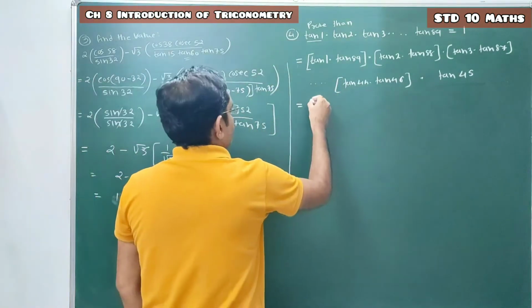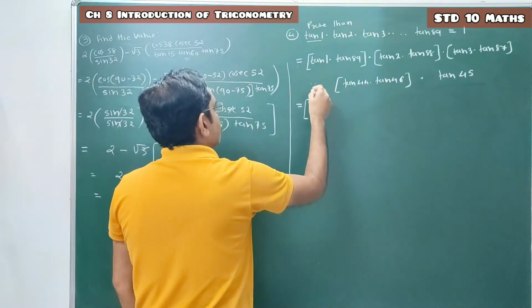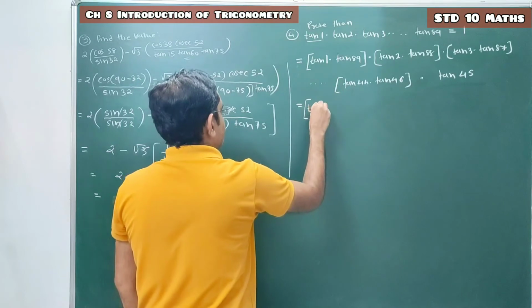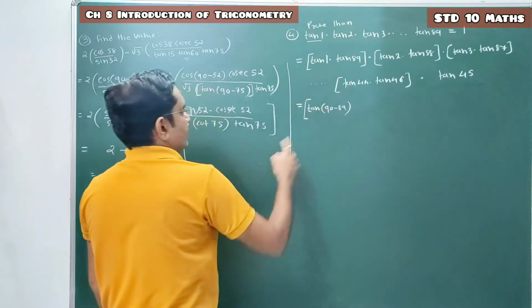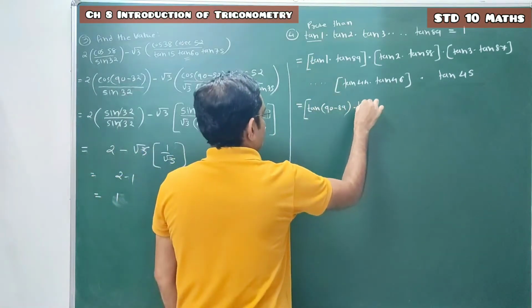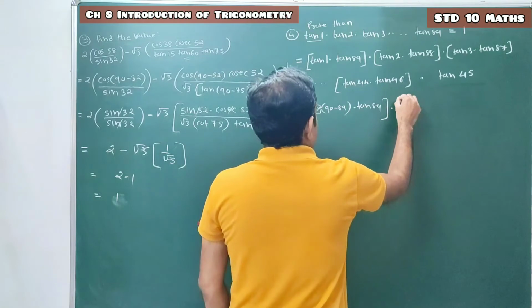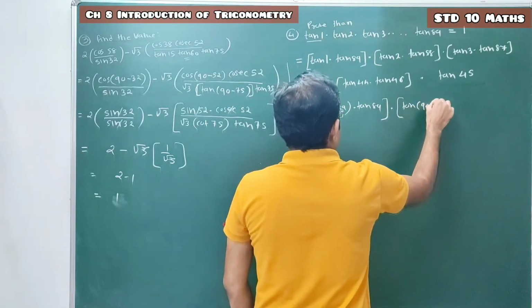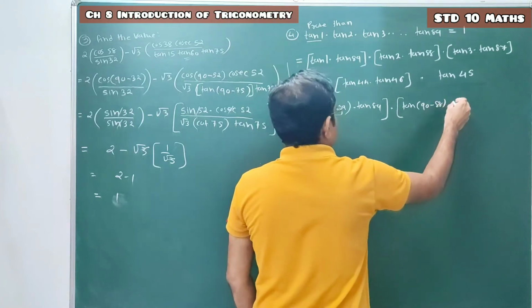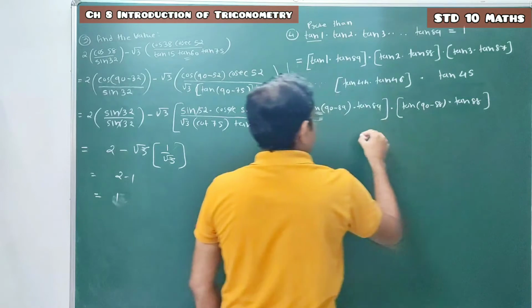So now here, in the first pair, converting this tan, I am writing tan 1 as tan of 90 minus 89, into tan 89. This tan 2 as tan of 90 minus 88, into tan 88.